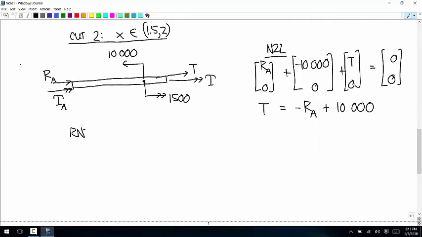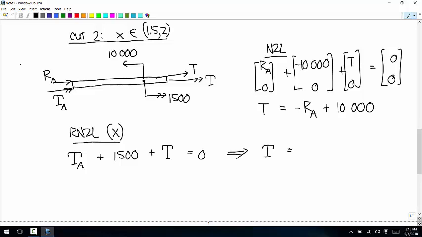And then the moment equation. We have torque A plus 1500 plus the internal torque is equal to 0. So the internal torque is equal to negative torque A minus 1500.